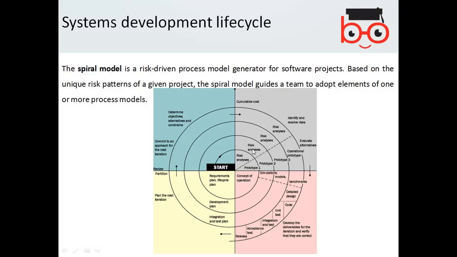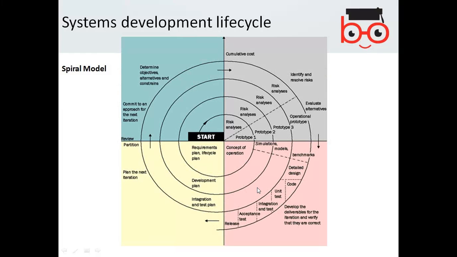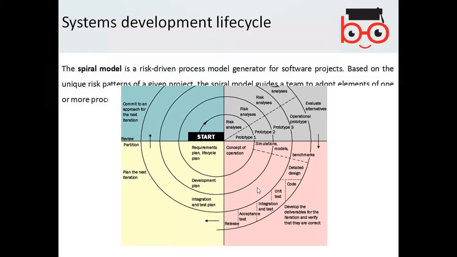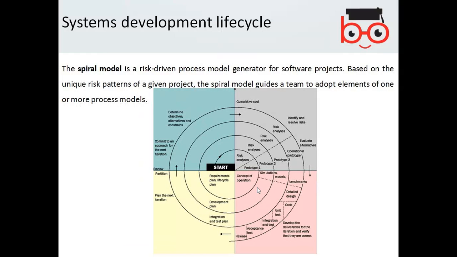Then go to the risk analysis of the other phase, and again come up with a prototype. So this is called the spiral model. It goes into the spiral, and at every fourth corner the risk analysis is driven. So it's a repetitive process.